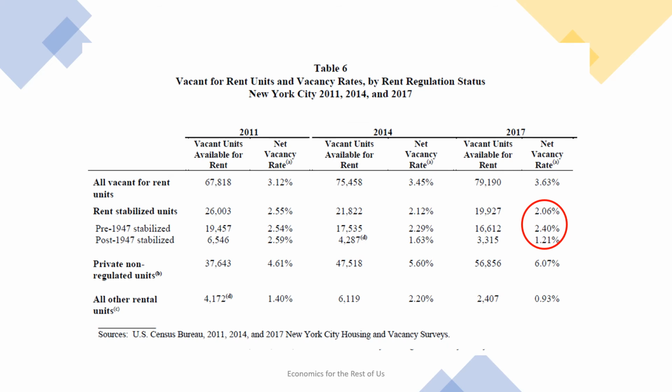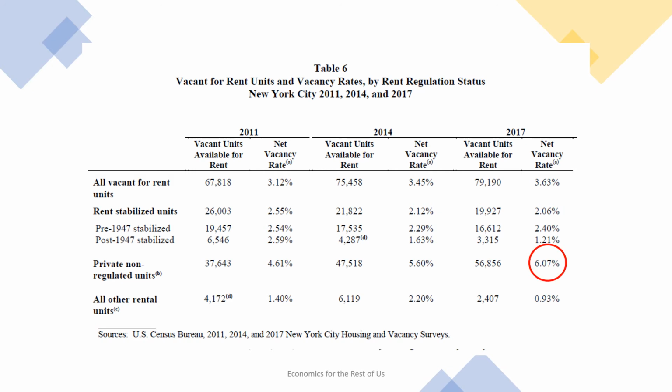Low rents are affordable, and it is therefore not surprising that in the controlled sector, the vacancy rates are low. Of course, had the quality of these units been low, people would not have wanted them, and the vacancy rates would have been high. But this is not the case. It is not the case also in the direct evidence that we will examine in a minute.